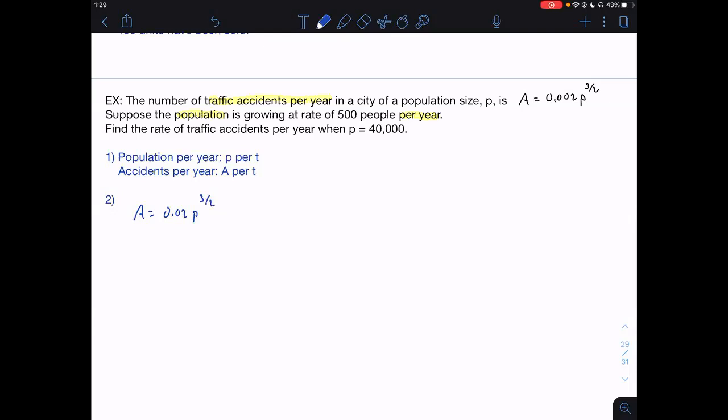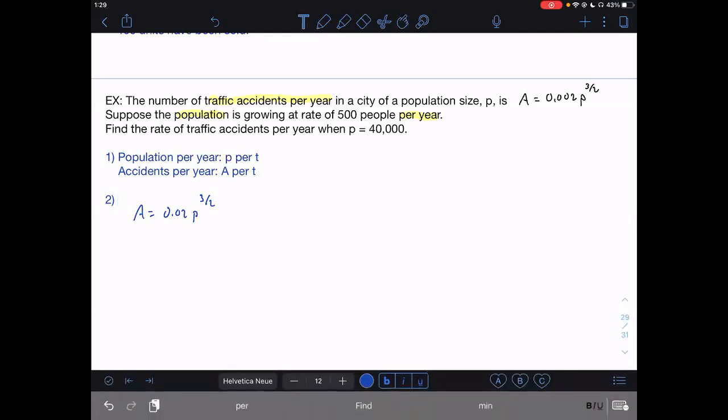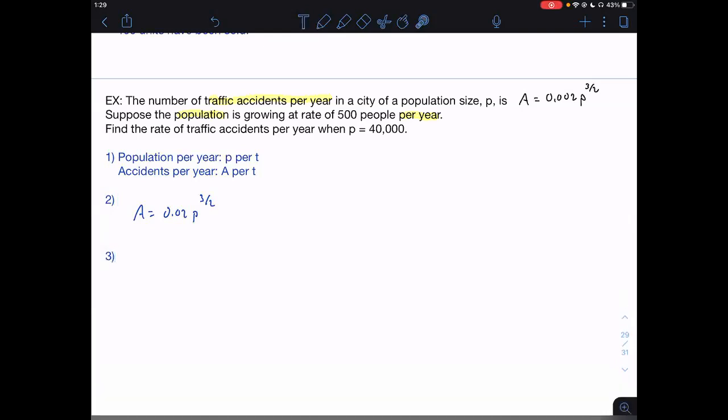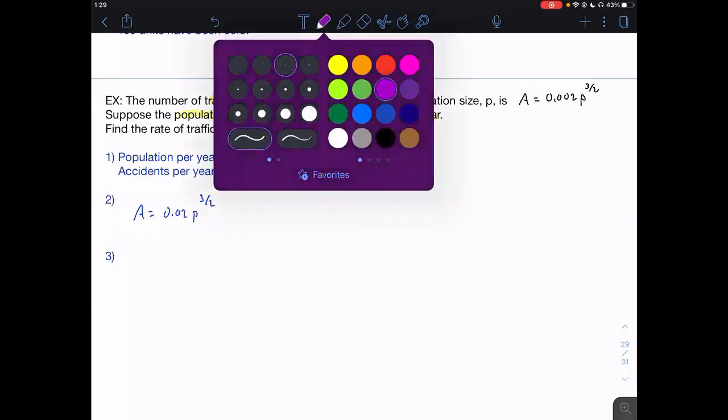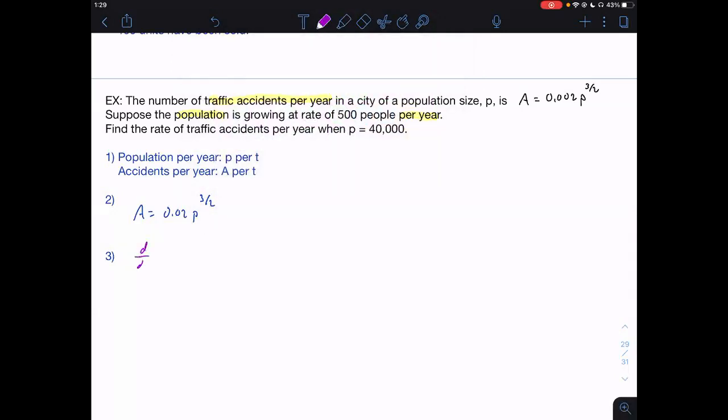For this equation that we're given, the third step is to differentiate both sides of this equation with respect to time, where time is representing years here. So for this given equation from step 2, what we're going to do next is take the derivative with respect to time of both sides of that equation.